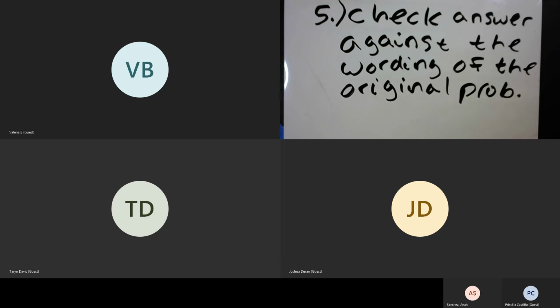Now, sometimes you can't really check if you used the best method. The only thing you can do is maybe ask someone who's solved a problem like this before and see if this is the way they've done it.